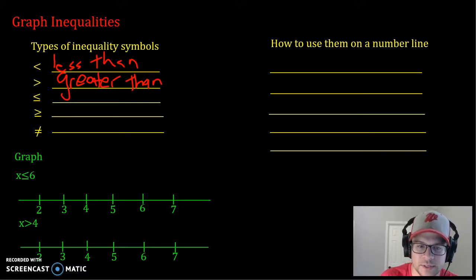So then the next two are the same, but they have lines underneath. And that just means you're adding or equal to. So this is less than or equal. And greater than or equal.